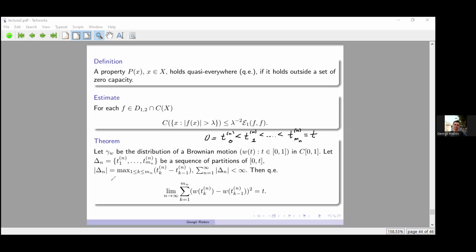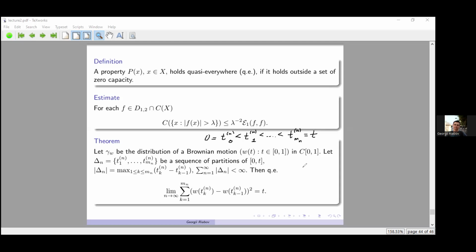Okay, so we have such a sequence of partitions. By the absolute value of Delta_n, I will understand the size of the partition. So this is the largest difference between two consecutive points. And let's take these partitions in such a way that the sum of sizes of partitions is finite.